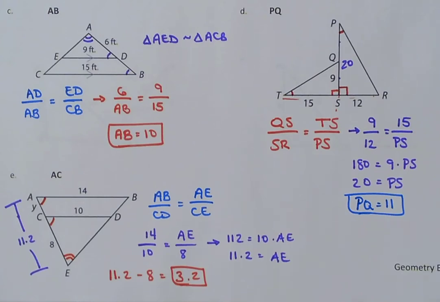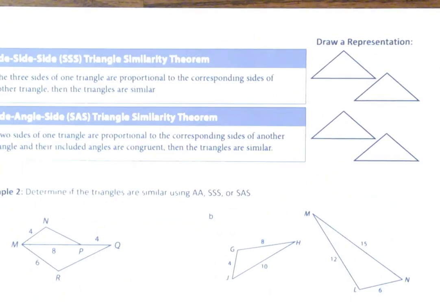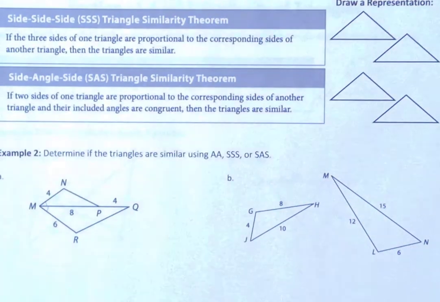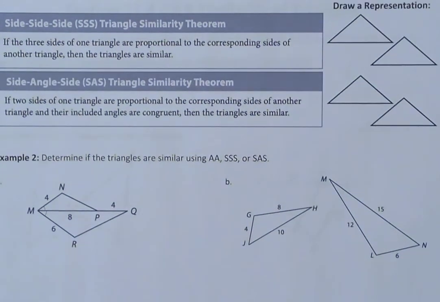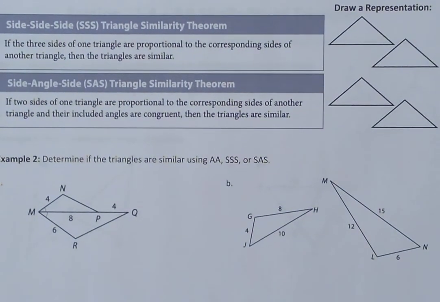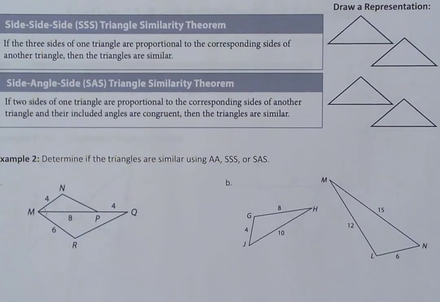Next, I want to take a look at example 2, which is going to have us determine if triangles are similar, not only using angle-angle, but also two others, which are side-side-side and side-angle-side. Side-side-side is going to sound very similar to what we talked about with side-side-side congruence.